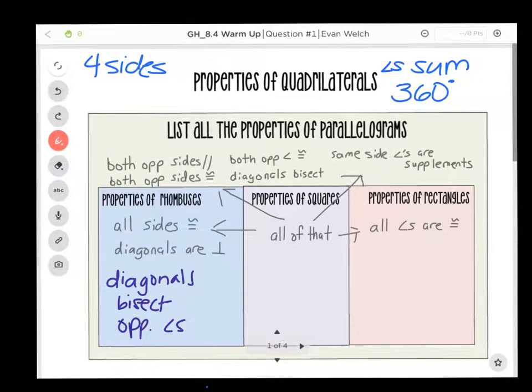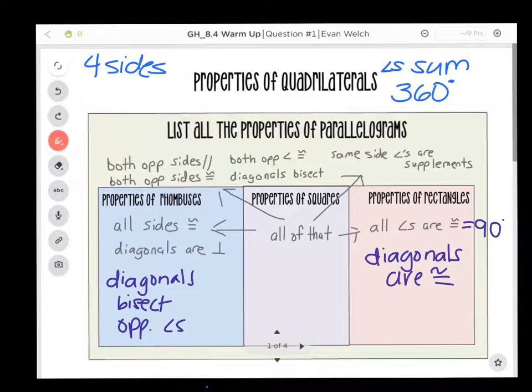And then the properties of the rectangles: all the angles are congruent. They all equal 90 degrees, to be even more specific. What else is true about a rectangle? Claudia, you had it. Good. Diagonals are congruent. And then the properties of squares is everything, right? I kind of try to make it visual. So you've got your blue and your pink.